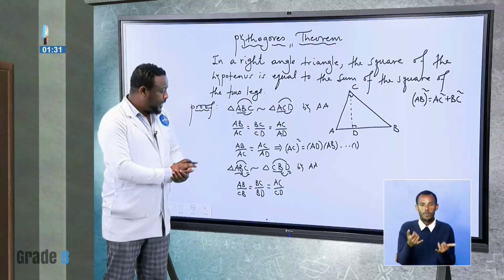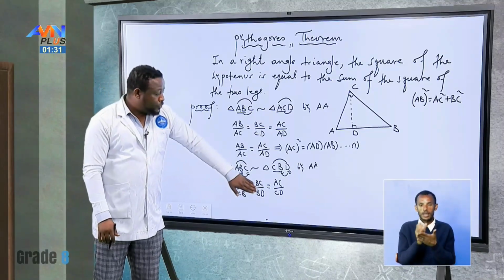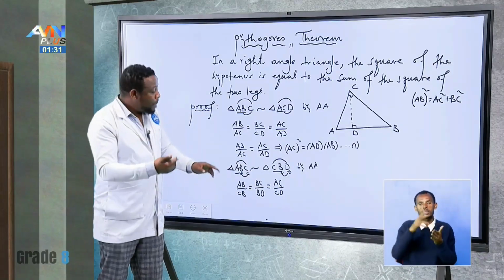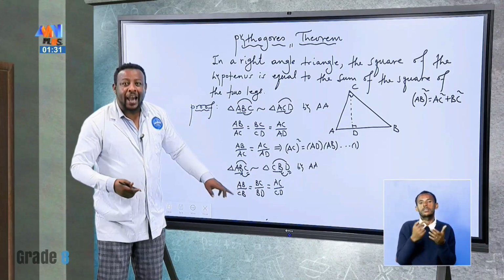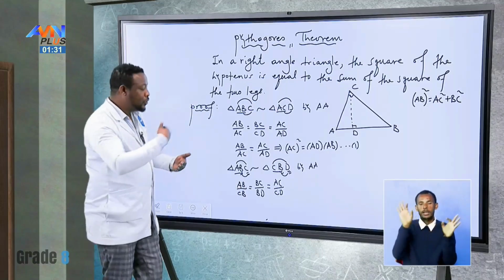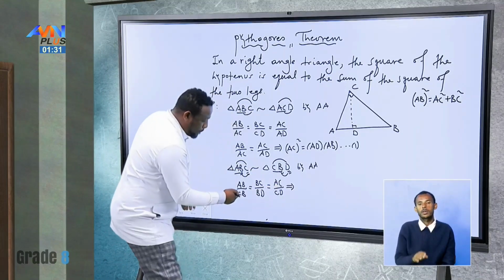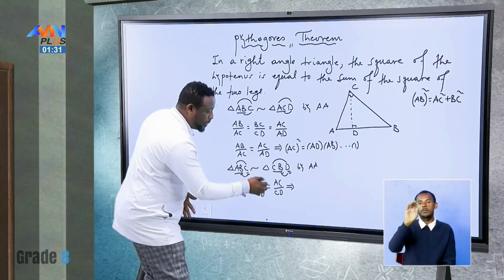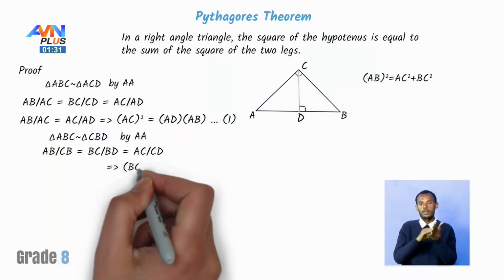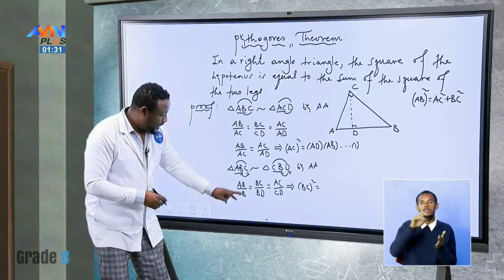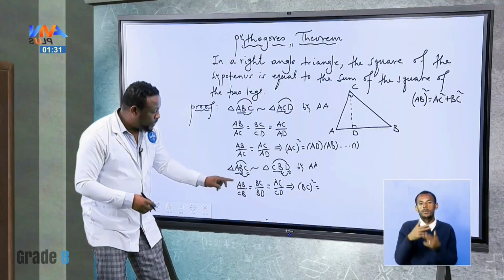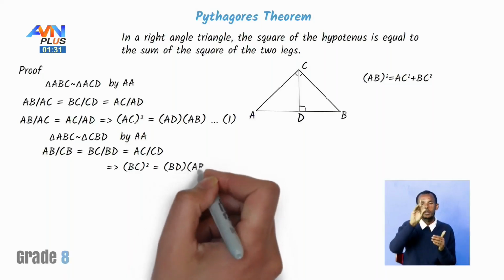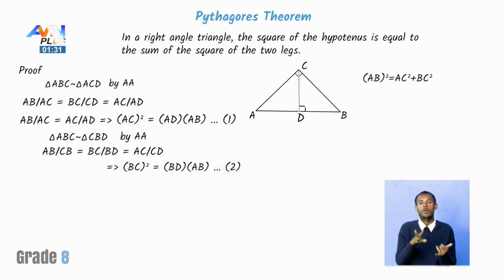Now take the first two; we don't need the third part. All these three are equal, but you can take these two. By cross-multiplying, you will get BC times CB. CB and BC are the same, so BC times BC is BC square. This must be the same as BD times AB. Now we have another equation.